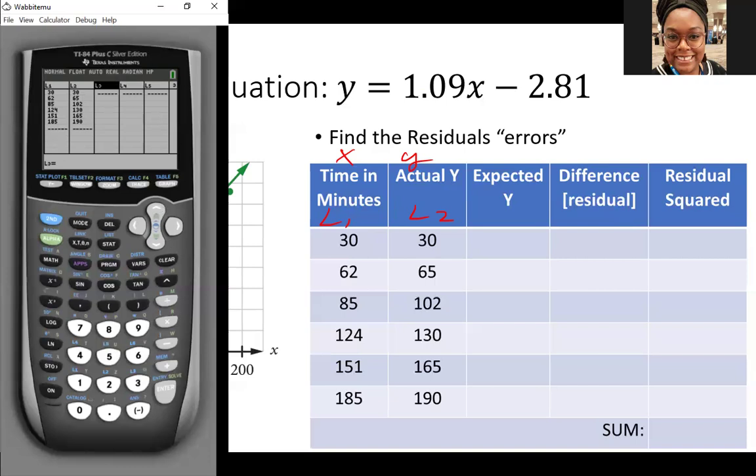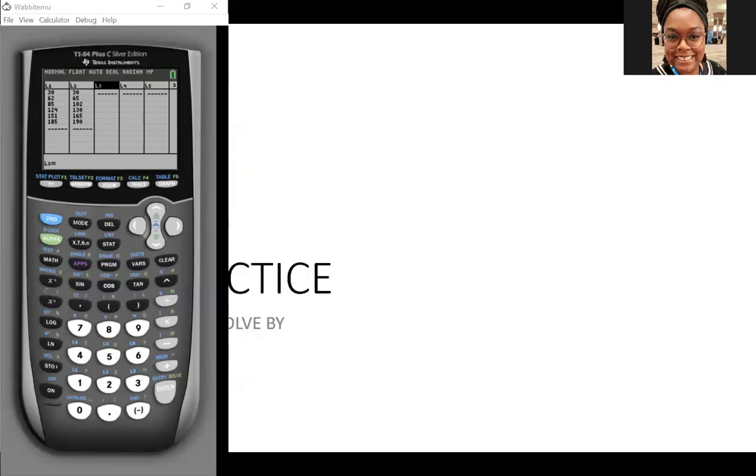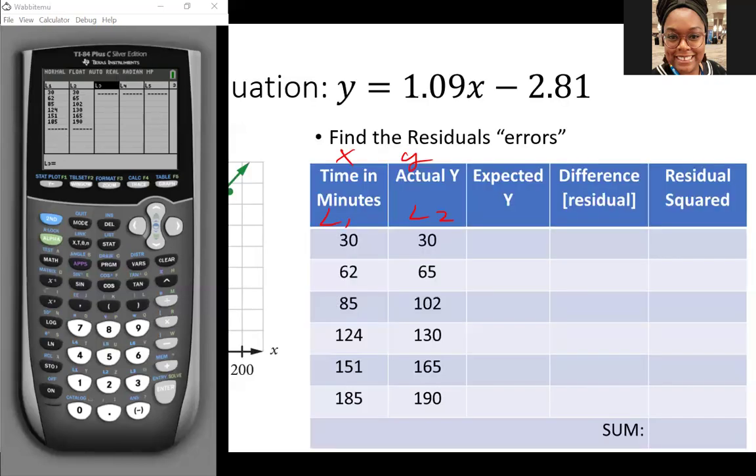All right. Basically, we're going to tell the calculator, I want you to find it for me. And in order for it to find it for me, we have to tell it what values it's using. It's going to use our X values in this formula for us. But for right now, our X values are in what column? L1. So we need to write this out so that it's 1.09 times L1 minus 2.81. Your L1, L2, L3, L4 are all on top of their corresponding numbers.